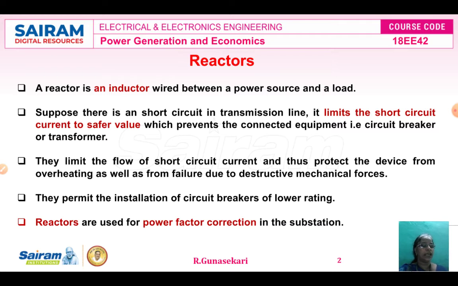The shunt reactors can be directly connected to the power line or to a tertiary winding of a 3-winding transformer. The reactors are used to limit the short circuit current to a safer value, which prevents damage to connected equipment like circuit breakers, transformers, etc. It is also used to protect the device from overheating and from failure due to destructive mechanical forces.